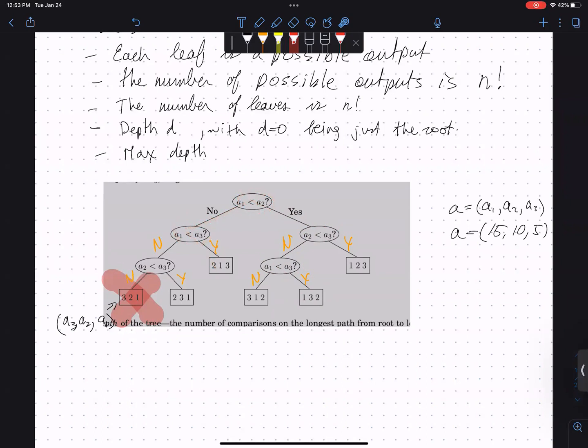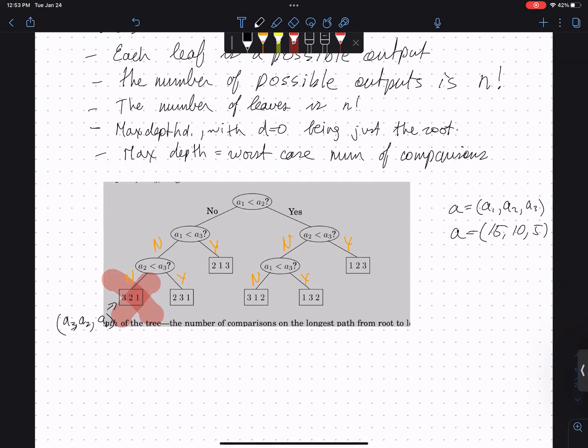The worst case number of comparisons is if you traverse down the max depth path. So this is the worst case number of comparisons. I should have said D is the max depth.